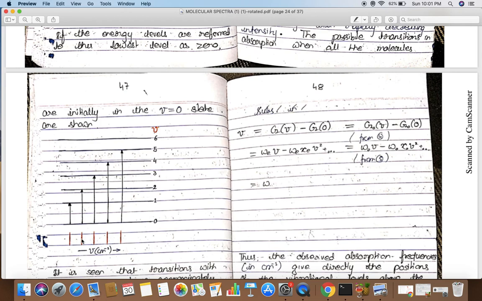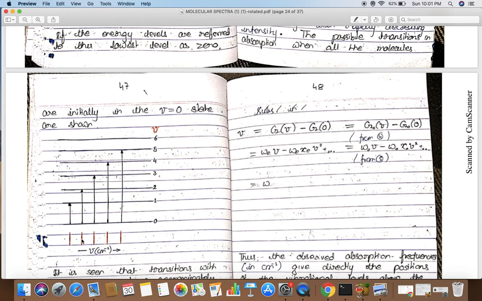The gap is slowly decreasing. These overtones are achieved but with lower intensity, converging, and it is not directly the 2 omega, 3 omega, 4 omega type of relation; it is lesser than 2 omega, lesser than 3 omega, lesser than 4 omega. There is no equidistant or equal separation between these energy levels.